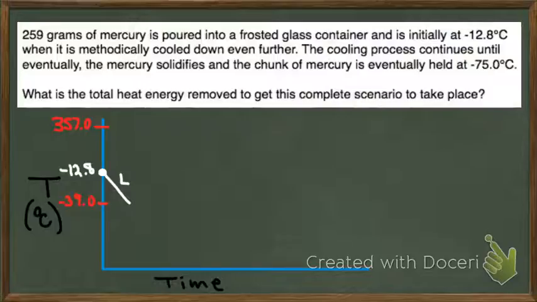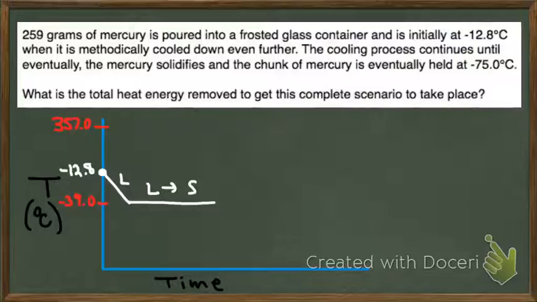And if I cool it down, then I am simply changing the temperature of that liquid until we reach the melting point, which of course is also the freezing point. So my first stage is simply cooling the liquid mercury. As soon as I hit negative 39 degrees, a phase change is going to take place.